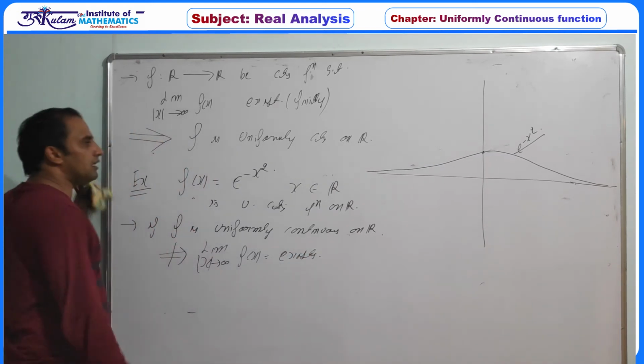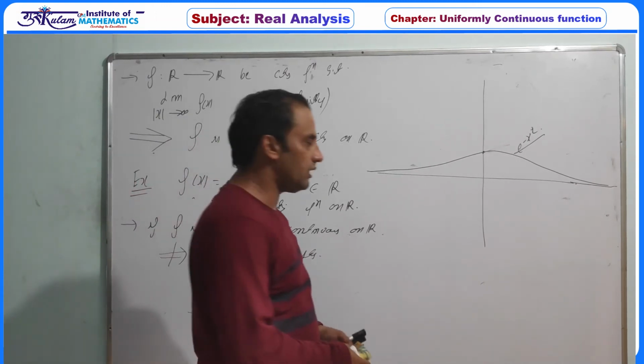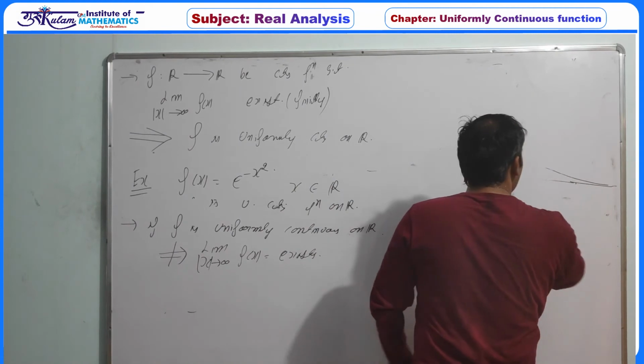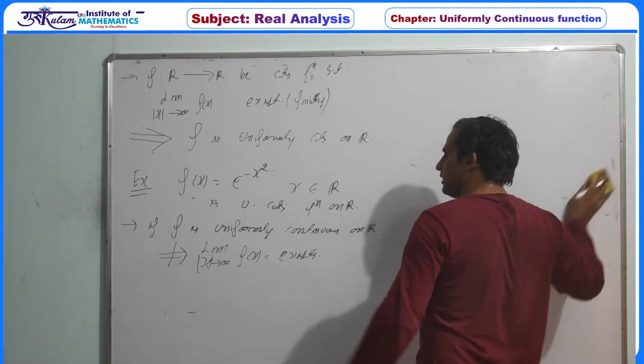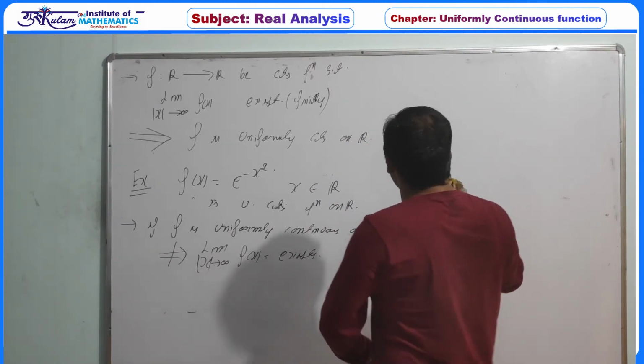So this statement is a one-sided statement, but if this function is defined on an open interval with finite length, then at the end points the left hand limit and right hand limit must exist finitely. That statement is a necessary and sufficient condition, but this condition is a one-sided condition.